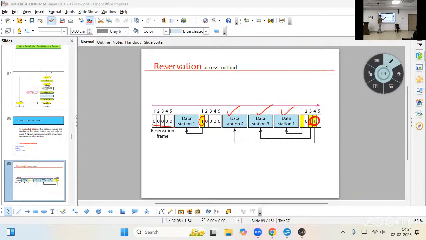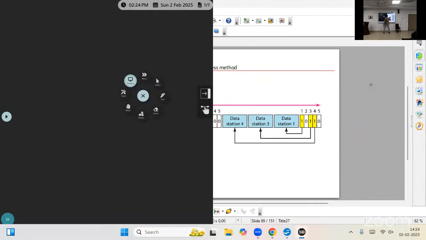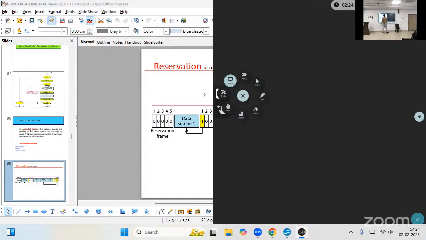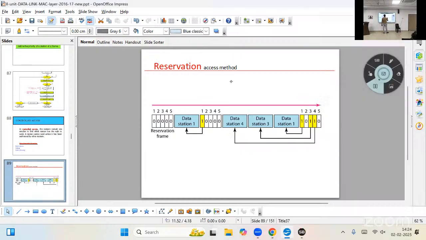We are giving reservation to the first one, frame 1, then we go for frame 2, frame 3, after that frame 4. So which frames don't pass? Second and fifth. Second frame and fifth frame don't pass. Okay. Note it. Note down.